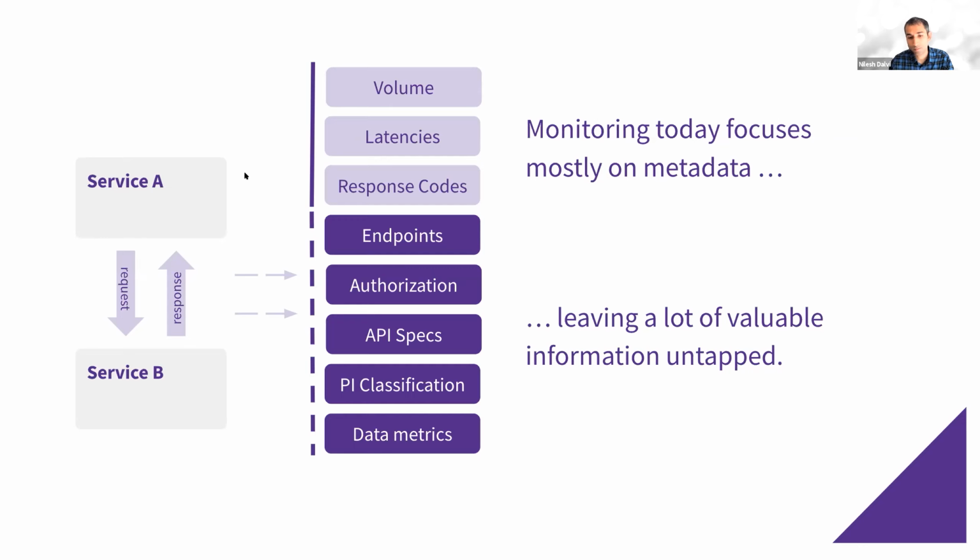Endpoints have schemas, they have specifications in terms of what kind of requests they accept and what kind of responses they give. So we should be able to construct your entire API specification down to the field level, understand the types, and detect when those change. People are very interested in understanding services from a privacy and security point of view.